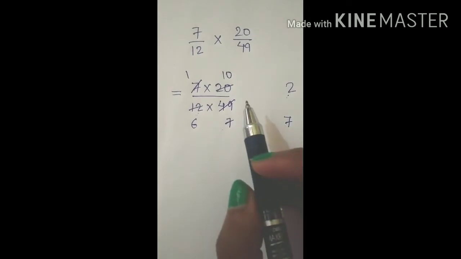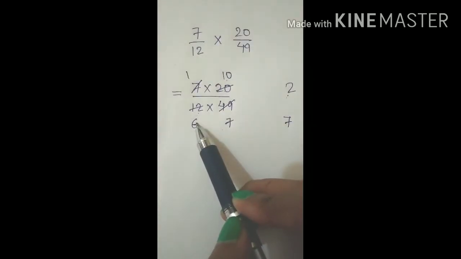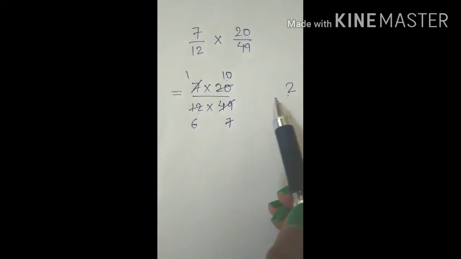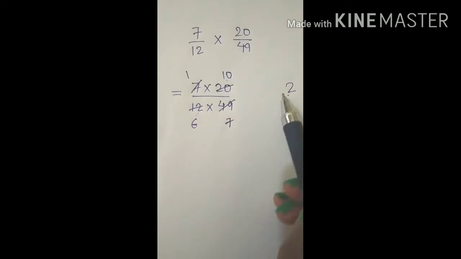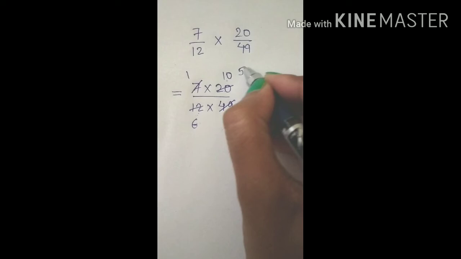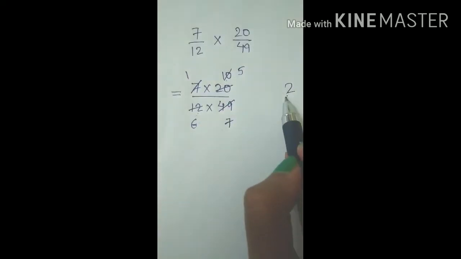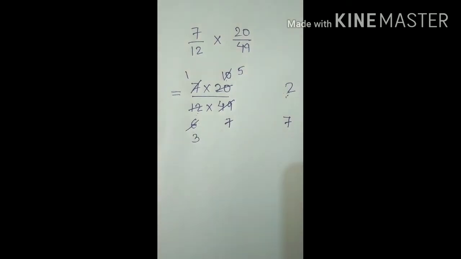But there is a common factor between 10 and 6 again, and the common factor is 2. So we will again divide 10 and 6 by 2. 2 multiplied by 5 is 10 and 2 multiplied by 3 is 6.